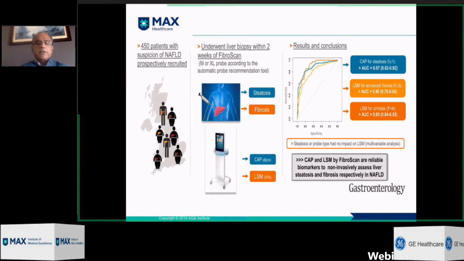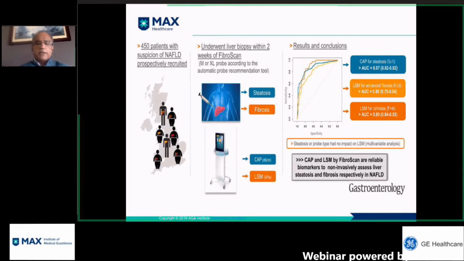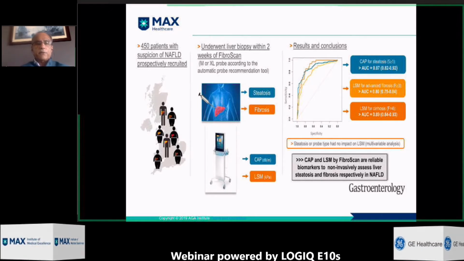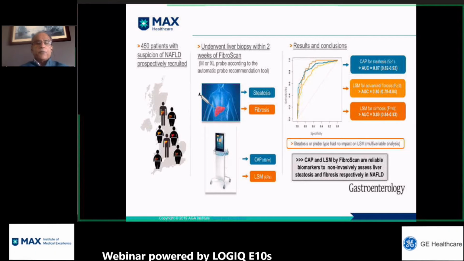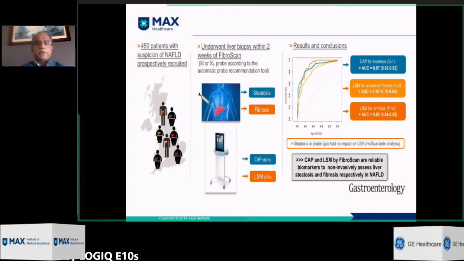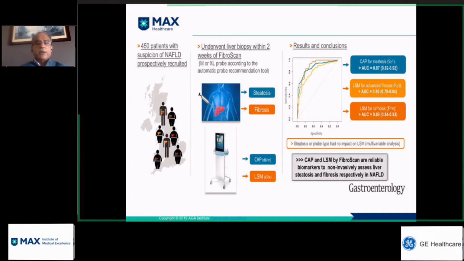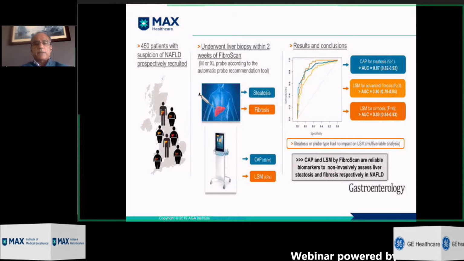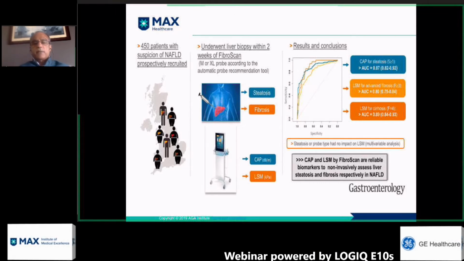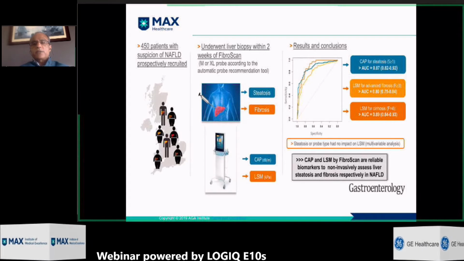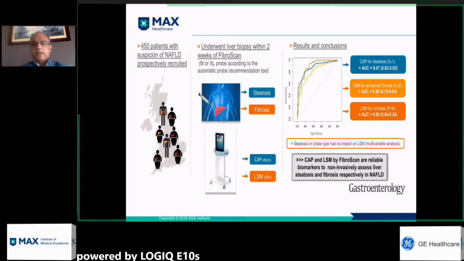This was a large study. I have just brought in some studies in this. This was a large study of 450 patients with suspicion for non-alcoholic fatty liver disease, who all were prospectively recruited, and a liver biopsy was done in all patients, and a fibroscan was done in all patients. So within 2 weeks of fibroscan, the patient had undergone a liver biopsy. And if you look at the receiver operator curves, you see that the CAP for steatosis had a high area under the curve.